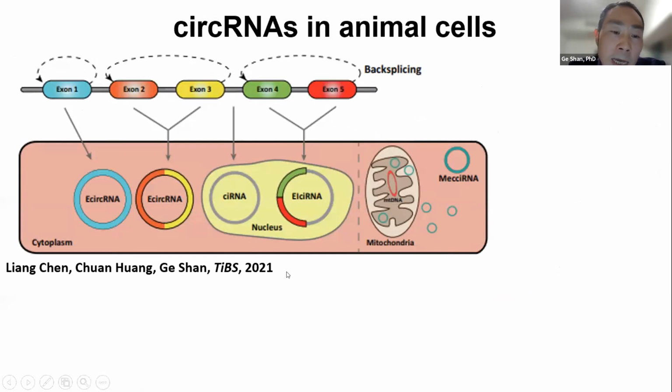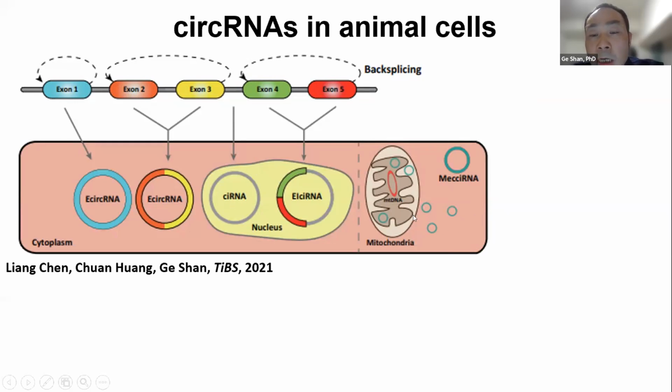But today, when we talk about circRNAs in animal multicellular cells, there are four subclasses of circRNA: exonic circRNA formed by exons, and exon-intron circRNAs formed by exons and introns. Introns can also form circRNAs: if the intronic lariat gets partially degraded, it can generate circRNA.